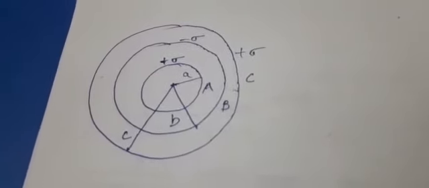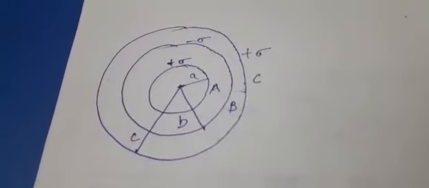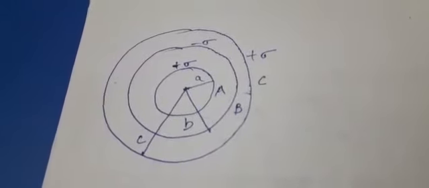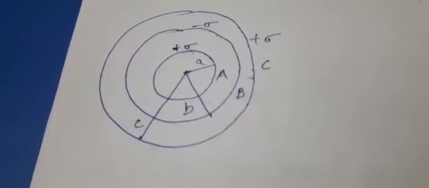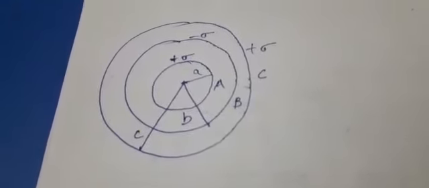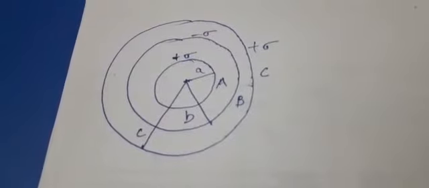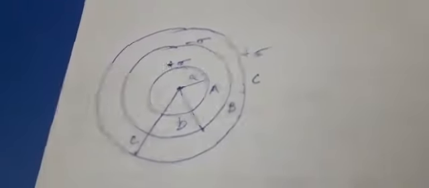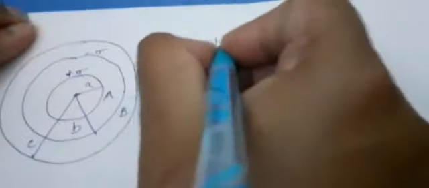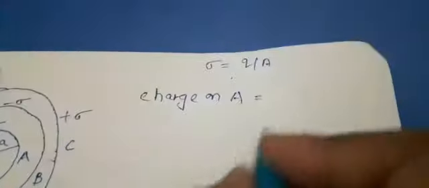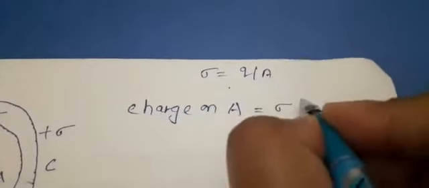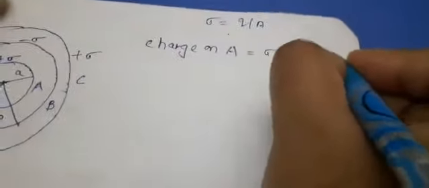Now you have to find potential. So before calculating the potential, what should be the steps? Let me just take the key points of what we have to do. As we have to calculate potential for A, B and C, first of all we require the charge on each of the three shells. So first of all, charge on A. Charge density is charge per unit area. So charge will be surface charge density into area.